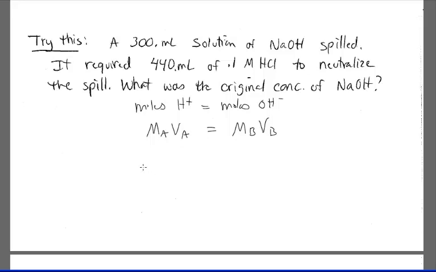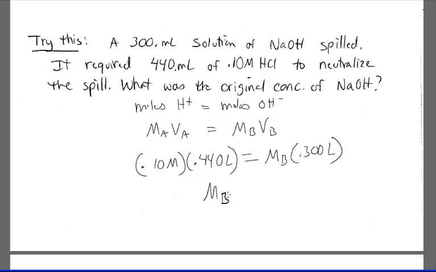The molarity of the acid is 0.1, and we're pretending there's another sig fig there. The volume of the acid is 440 milliliters, so that's 0.440 liters. What we don't know is the molarity of the base, but we do know how much volume spilled, which was 300 milliliters. So solve for the molarity of the base, and you will get 0.15 molar.